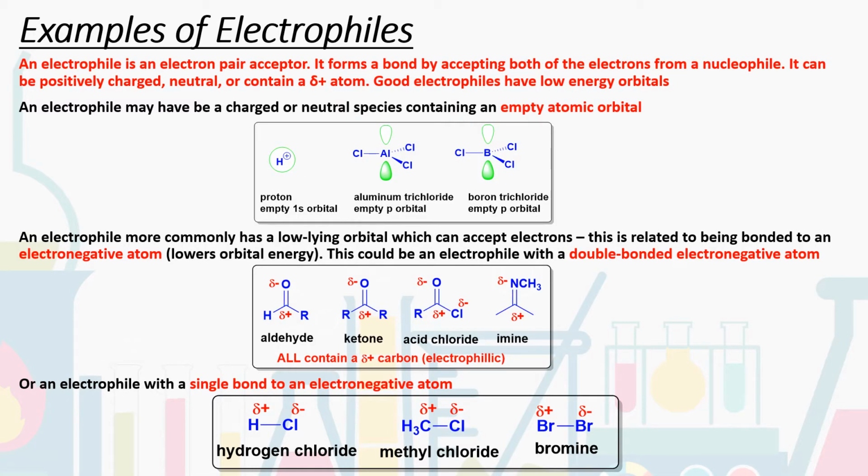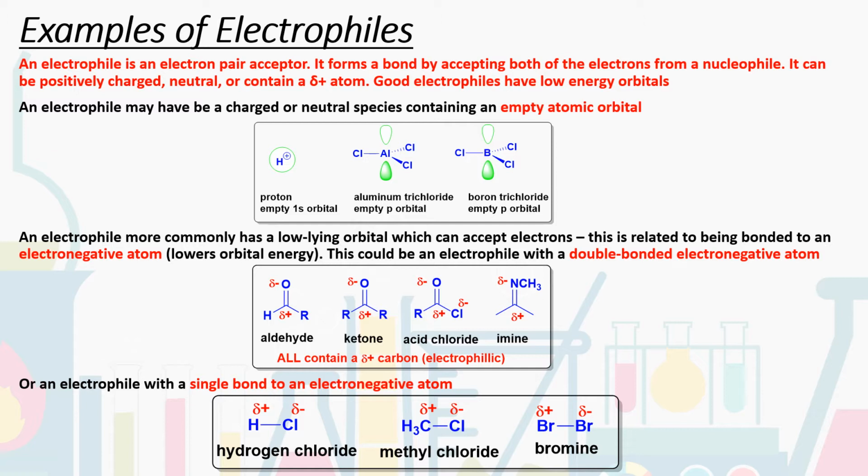Now, examples of electrophiles. Well, an electrophile is the opposite. It's an electron pair acceptor. It forms a bond by accepting both of the electrons from a nucleophile. It can be positively charged, it could be neutral, or typically it contains some region of electron deficiency, quite often a delta positive atom.